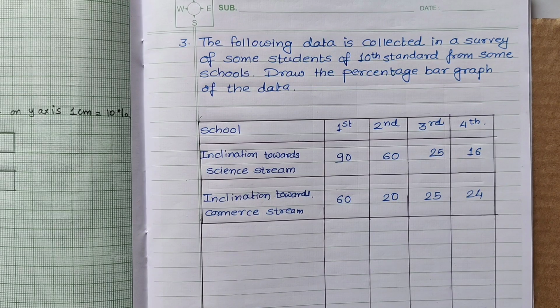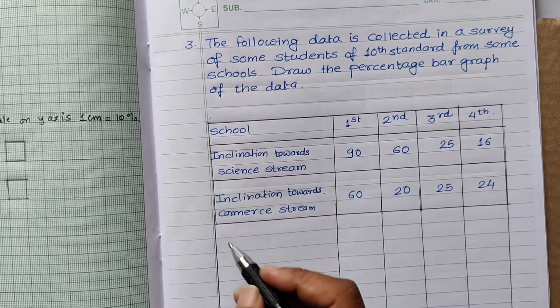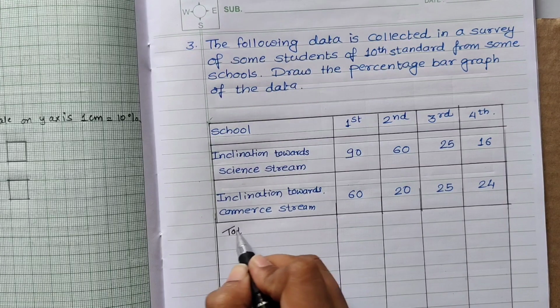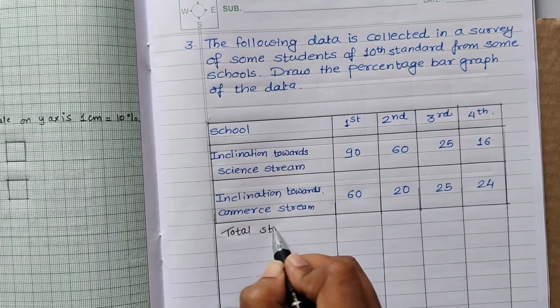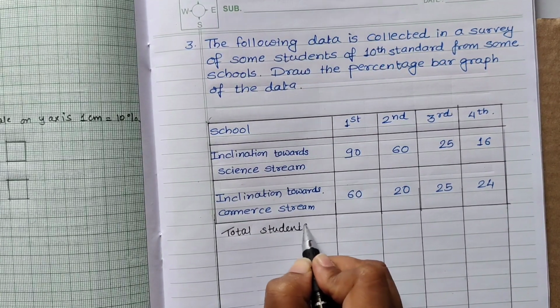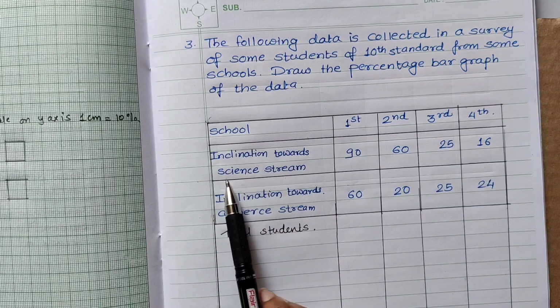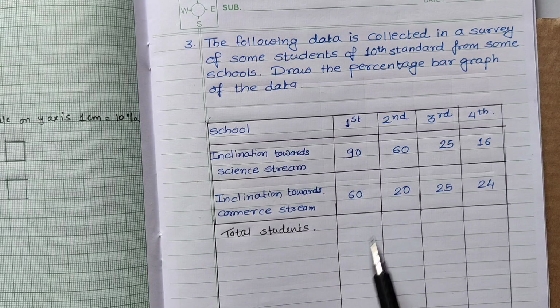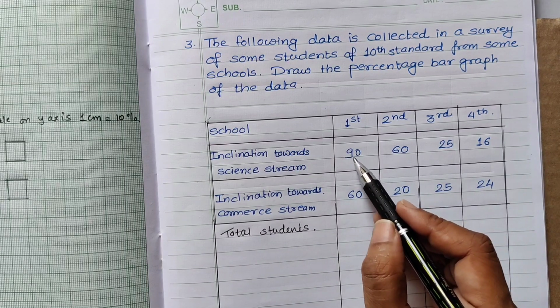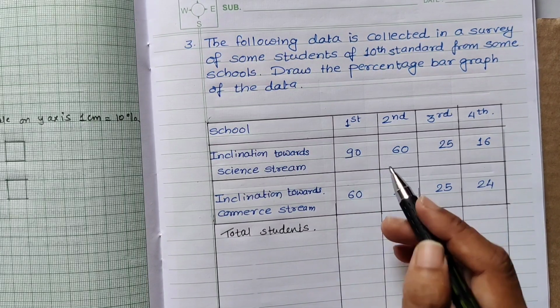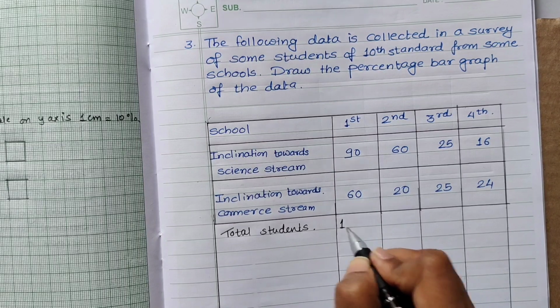So in the next row I will be writing total students, and then we will be finding out the percentage of students for either the science stream or the commerce stream. So first find out the total students. 90 plus 60, 150.